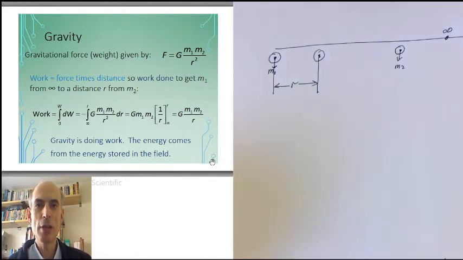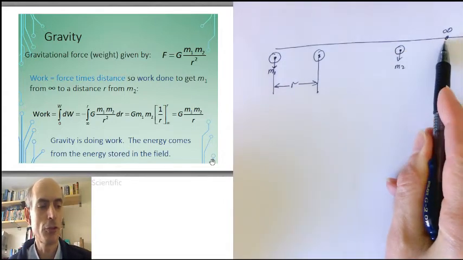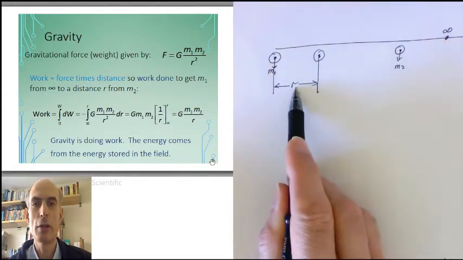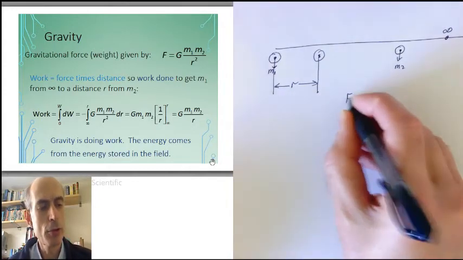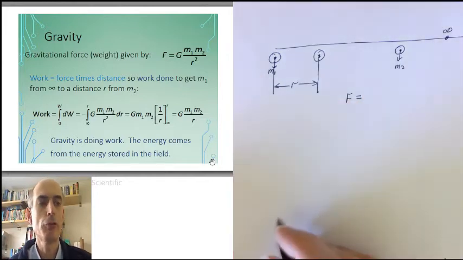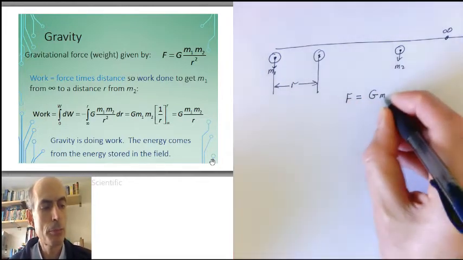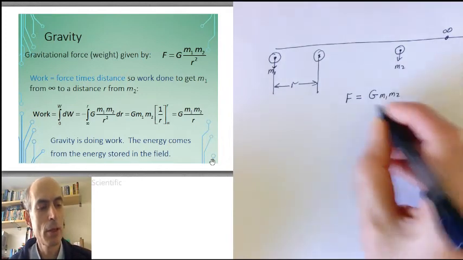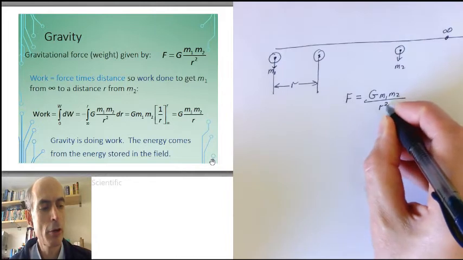How much energy has to come out of the gravitational field to get this mass m2 from an infinite distance away to this point here, r? Well, Newton showed that the gravitational force is a constant called big G times the product of the masses of the two objects divided by the square of their distance apart.